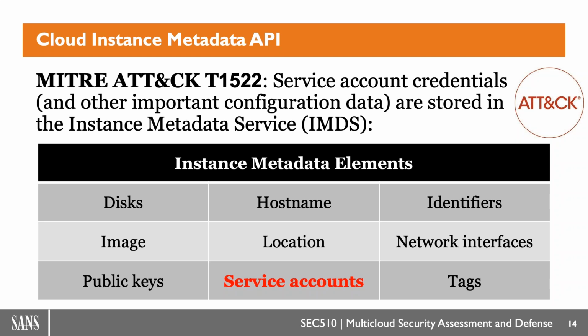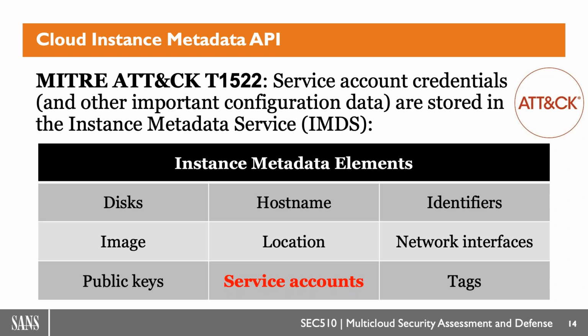And as Brandon mentioned in his opening section, the probability of an attacker locating this, what they're going to red team against, is very high. They know to look for these, and this has been such a ripe target for attackers that the Cloud MITRE ATT&CK framework created T1522 specific to these instance metadata APIs.